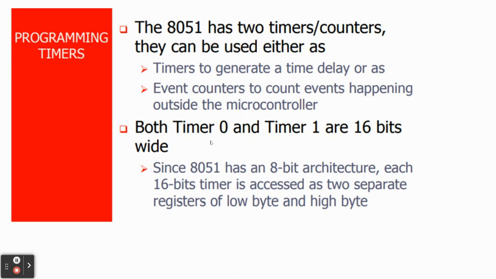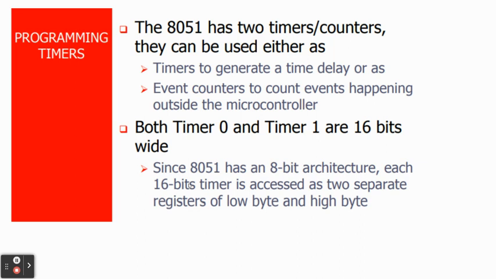For the timers of the 8051, we have what we call timer 0 and timer 1. Both of these timers are 16 bits wide. Now, the 8051 microcontroller actually uses an 8-bit architecture, meaning that the registers it uses are only up to 8 bits. Because of that, timer 0 or timer 1 needs 16 bits.